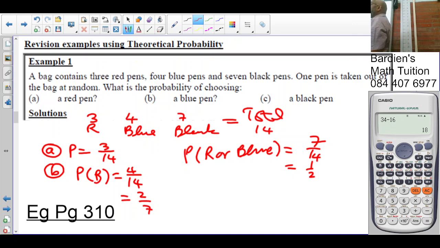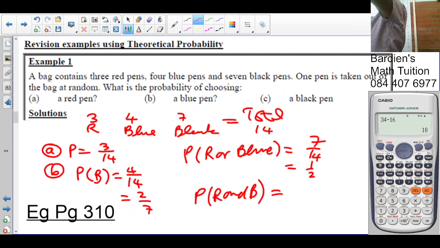Oh yes. If I had said and, who can tell me what's this answer? If I draw 1 pen out of a bag, what's the probability of you drawing a red and blue? There we go. 0.